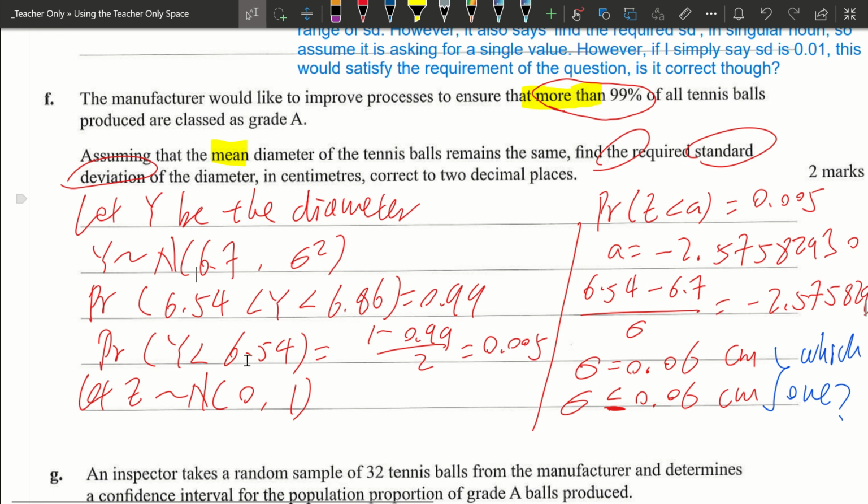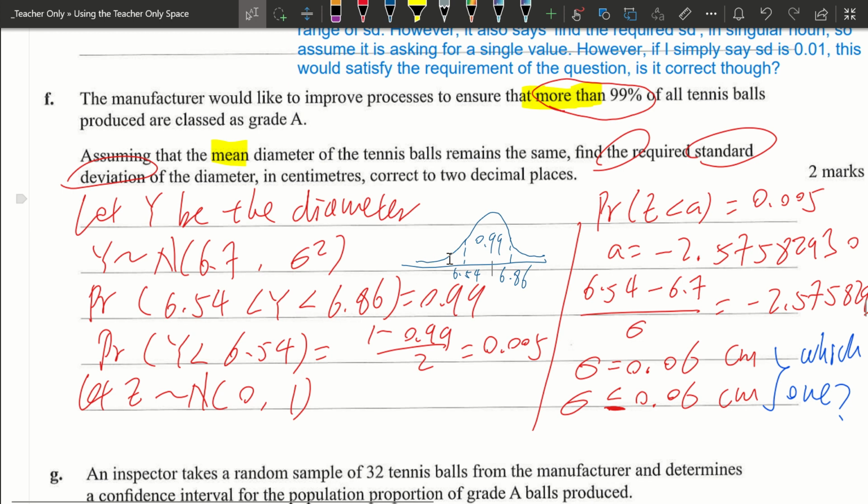And that means, I did this with a visualization in my head, so I didn't draw it, but I should draw it here. So 6.54, something here, 6.86. So in the middle, the area is 0.99.